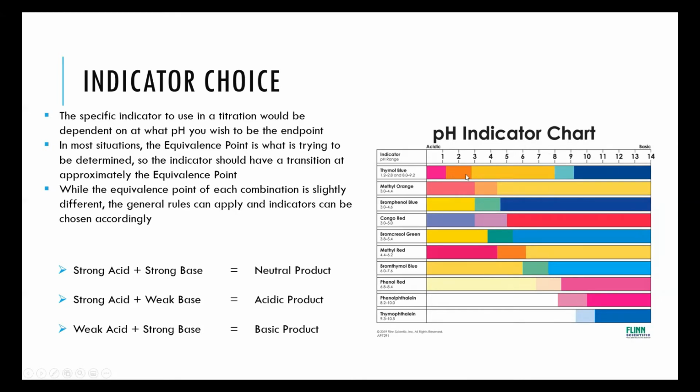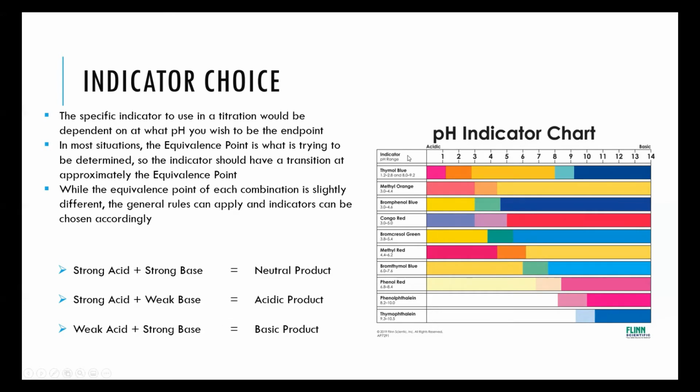So you want to choose an indicator that has its color change right around your equivalence point. So when you're mixing things together, a good rule of thumb is to look at the location on the pH scale of where the products would be.